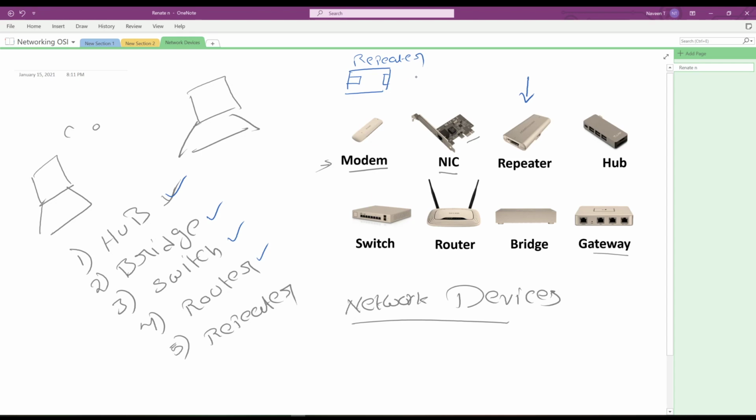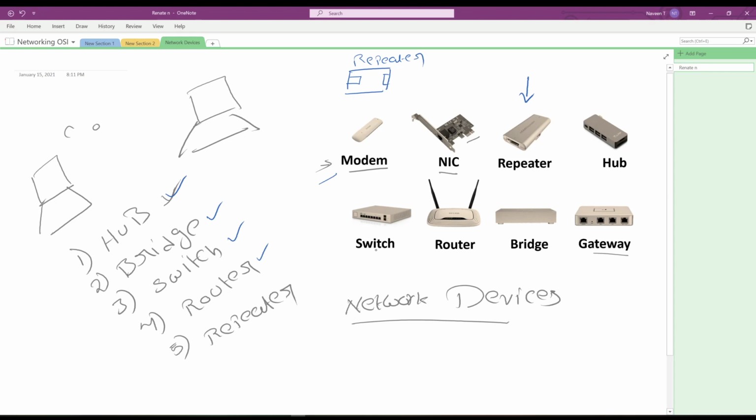So where do we use a modem, where do we use a NIC, where do we use a repeater, where is a hub used? That is a $1 million question in networking: the choice of the best device.